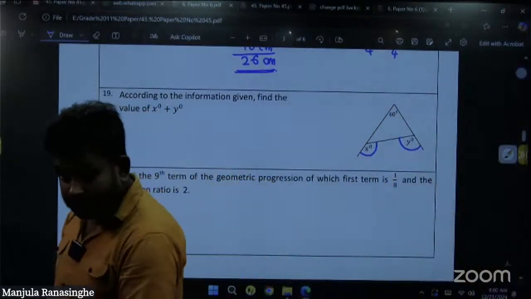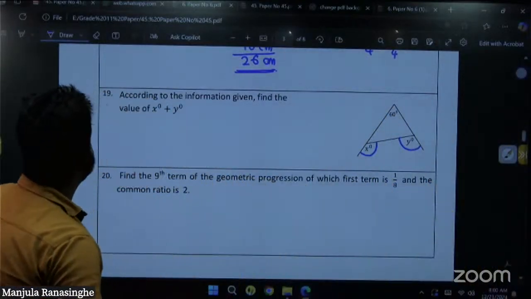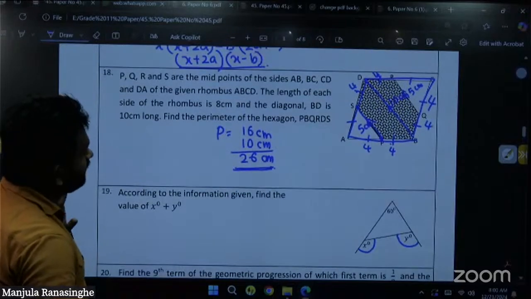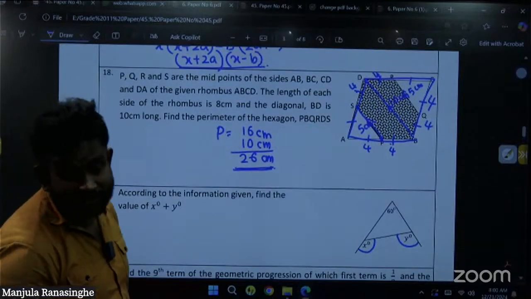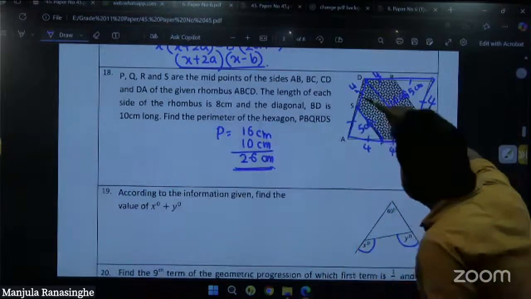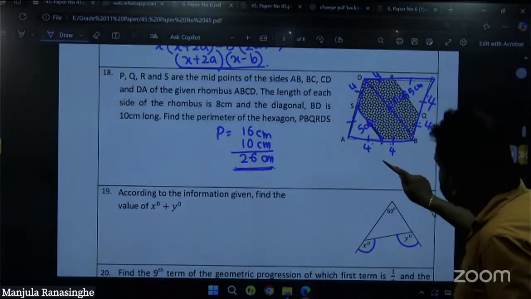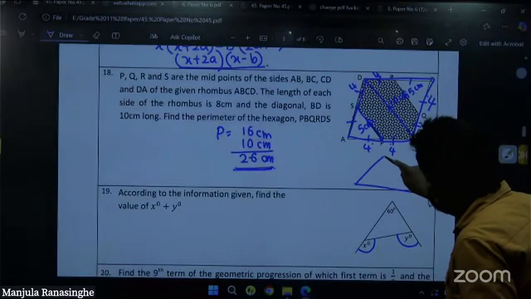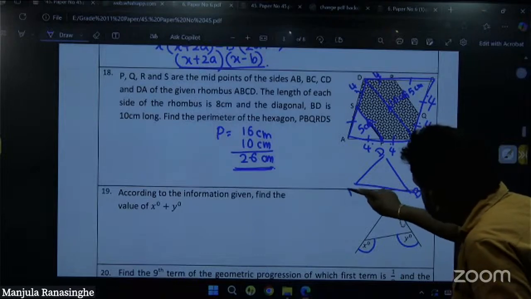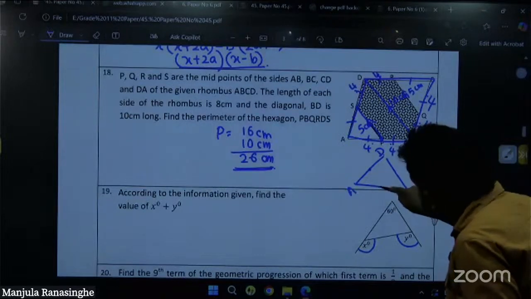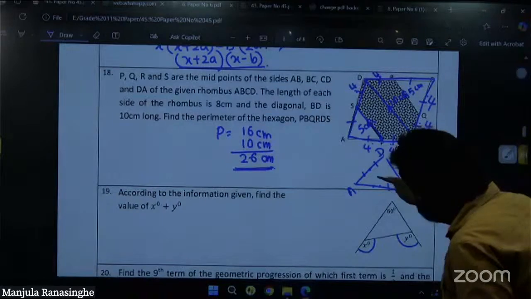The 18th question, here we apply the midpoint theorem. The other sides are each 4 in length because of the midpoints. Now you can extract this DBA triangle, and see that here the midpoints are connected together.